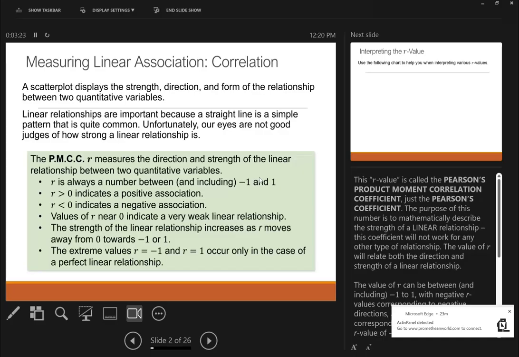And the values of -1 and +1 occur only if you have a perfect linear relationship. By that, we mean every single data point in your set lies on the exact same line.